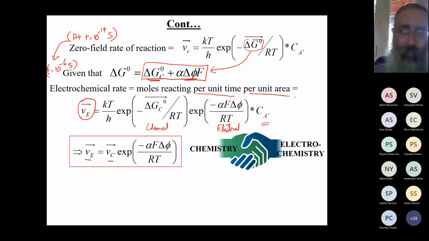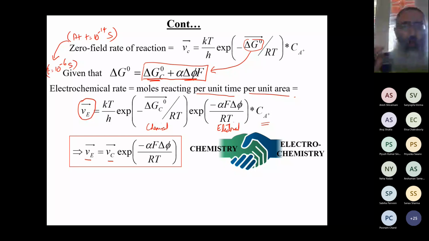What is that? The Nernst equation. Where does delta G naught come in, or thermodynamics? Delta G is equal to minus RT ln K, or in other words, delta G naught equals minus nF E naught. That is the central equation which directly connects your thermodynamic parameter to an electrochemical parameter.